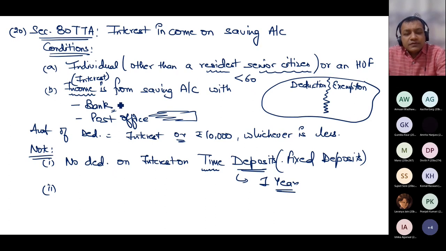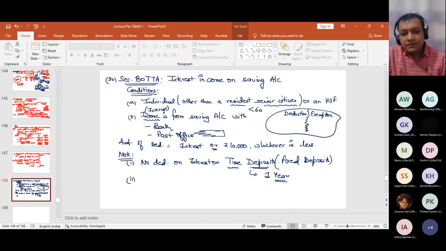Okay. Now, raise your hands and let me see how many of you have a bank account. How many of you have your savings account in a bank? Okay, so almost everyone. Now raise your hands if you yourself operate the account.